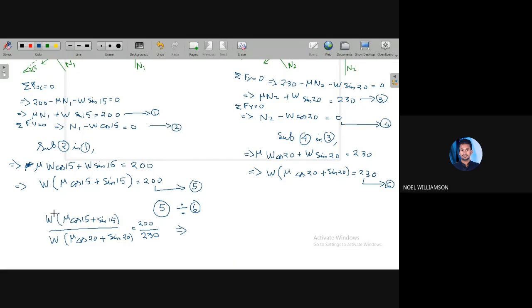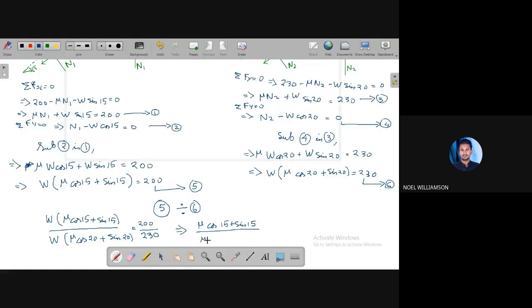W will be 1. So (mu cos 15 plus sin 15) divided by (mu cos 20 plus sin 20) equal to 200 by 230.